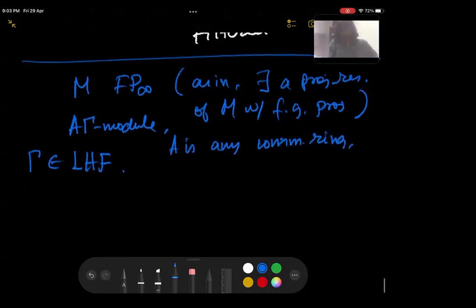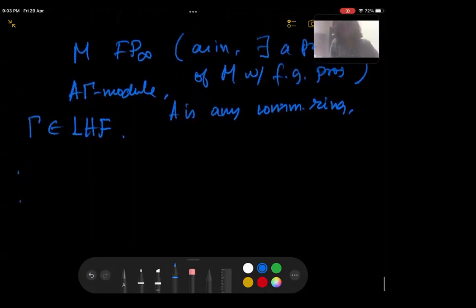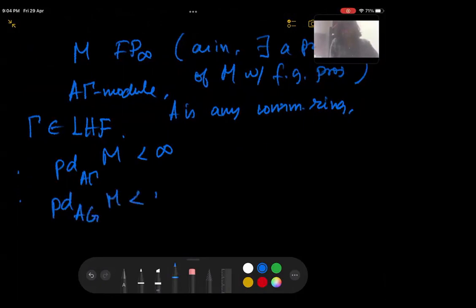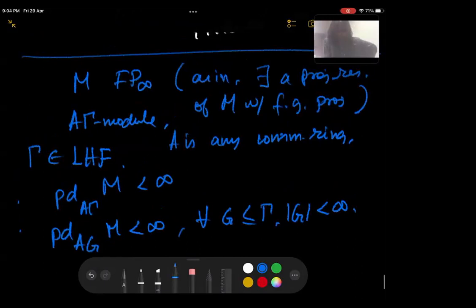Then if this happens, and gamma is already in here, the following two things are equivalent: much like the definition of type phi groups, the projective dimension of M being finite has to be equivalent to the projective dimension of M being finite over all finite subgroups. And so when we are working with the Thompson group, if Thompson's group is in LHF, then the trivial module has to be, we know the trivial module is of type F infinity, basically.